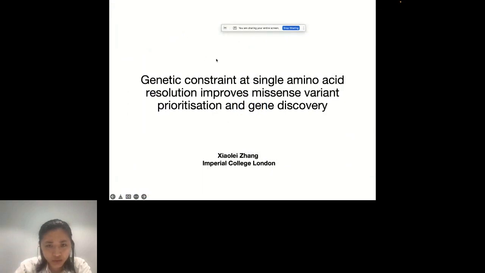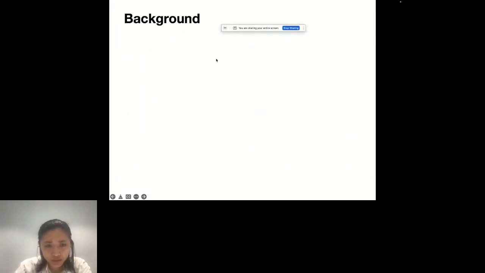Does it work right now? Can you try navigating to the next slide? Yep, that works.